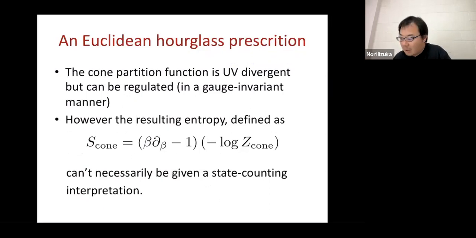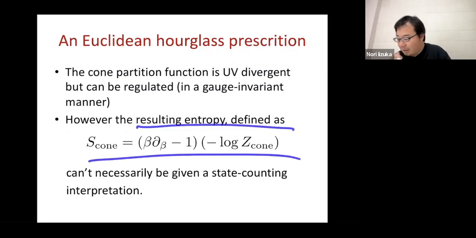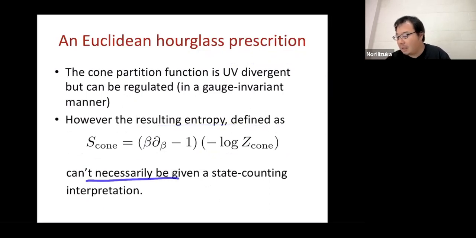However, the resulting entropy defined this way cannot necessarily be given a state counting interpretation. I will illustrate this intuitively with an example, and if I don't have time, I'll just give it in words.